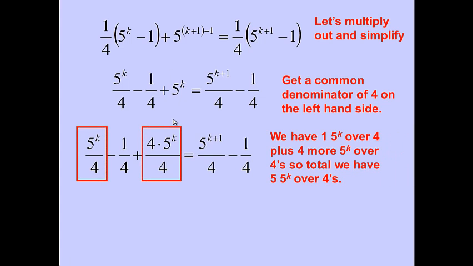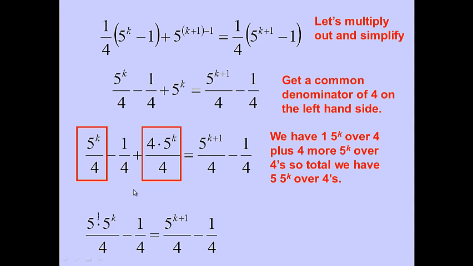Now notice we have 1 times 5 to the k over 4 plus 4 more 5 to the k over 4. So we have a total of 5 times 5 to the k over 4 by adding those two together. Now, one more step. If we can make this look like this, we're done.